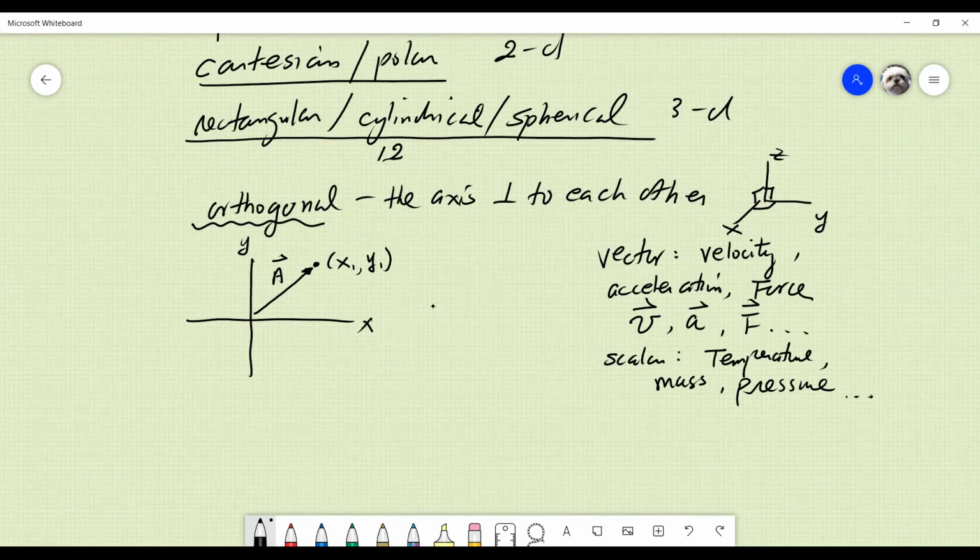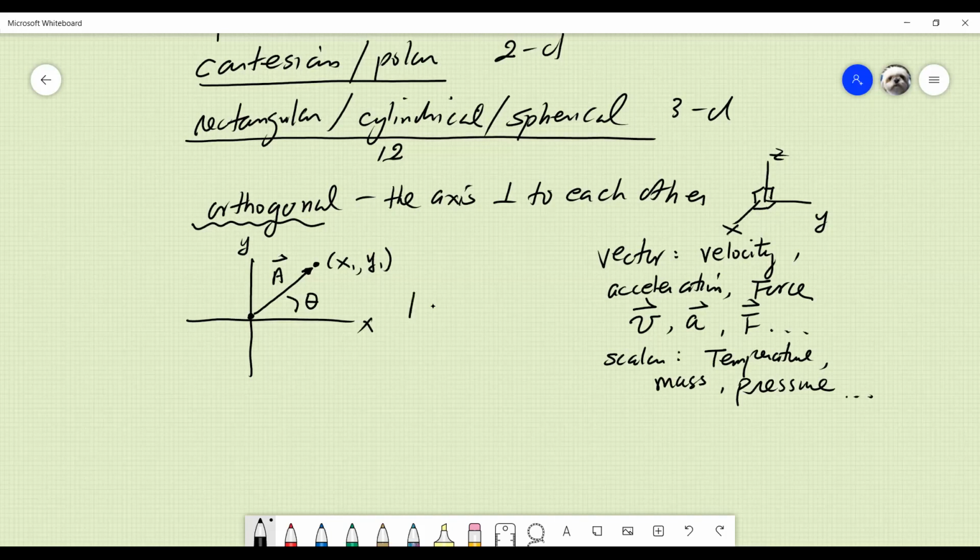Now here I have a point x1, y1, right? So this point will be represented by a position vector. So how do you draw the vector? You draw it from the origin and then point it to the point. Now in this case, how are we going to represent the magnitude and the direction of the vector? The magnitude of the vector will be represented by the length.